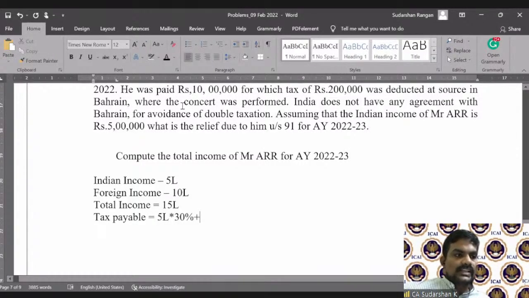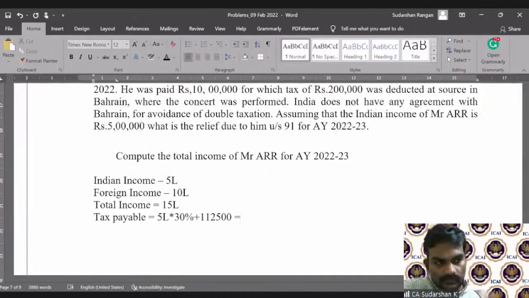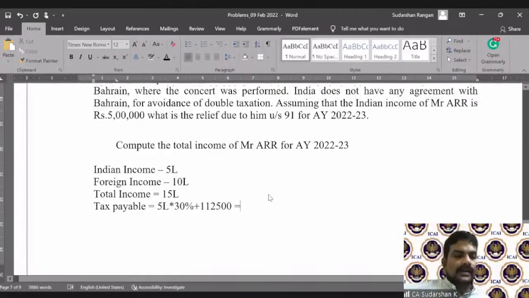I'm doing the general basic tax computation from the slab rate.